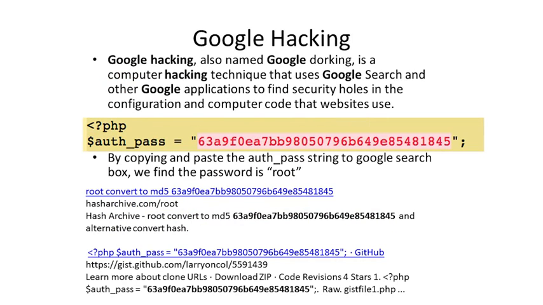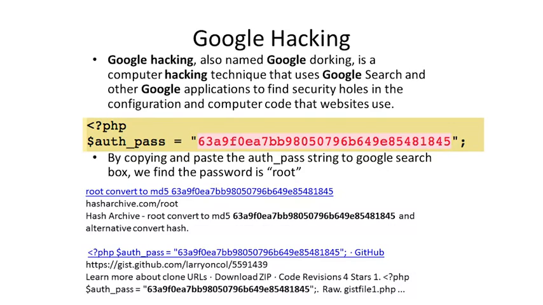Google hacking, also named Google dorking, is a computer hacking technique that uses the Google search engine to retrieve potential information about the victim site or the victim's code. You can also use other Google applications to find security holes in a configuration file or in computer code that may have an encrypted password string.